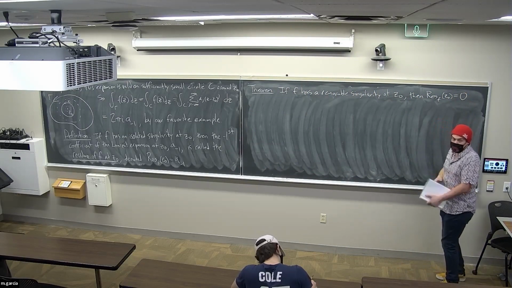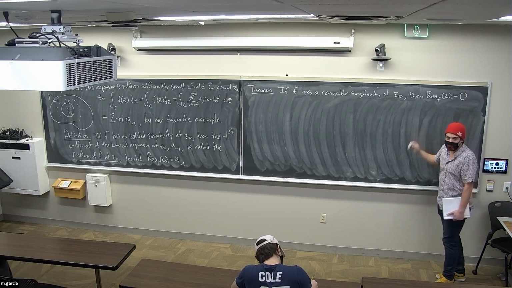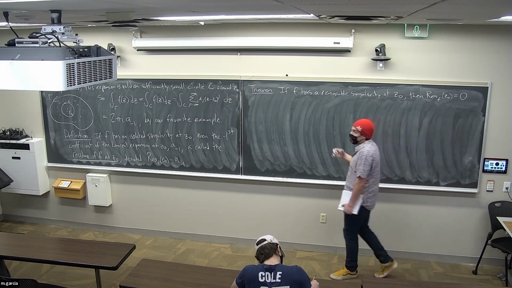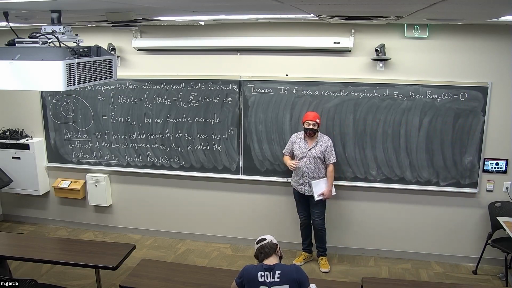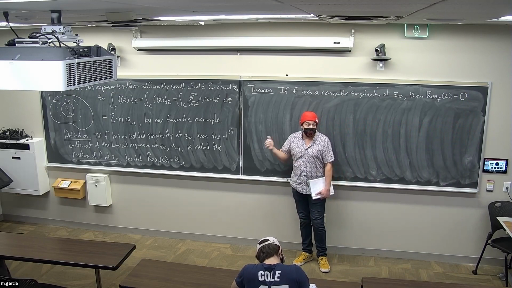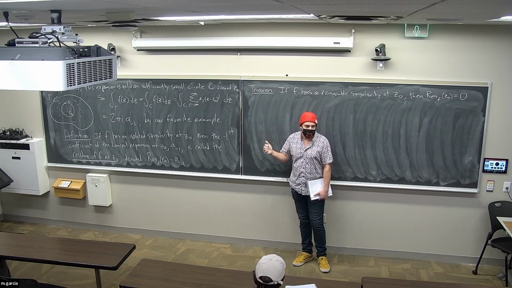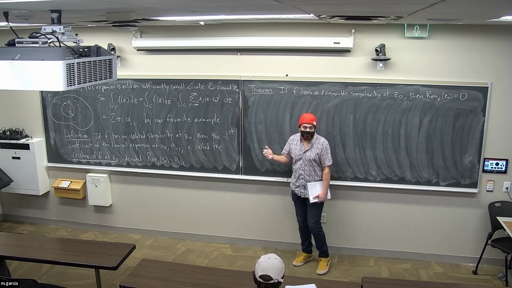Right? This makes sense because remember what it means to have a removable singularity. You have no negative exponents in your Laurent expansion. In particular, the coefficient on the negative first term in your Laurent expansion is 0. Okay.